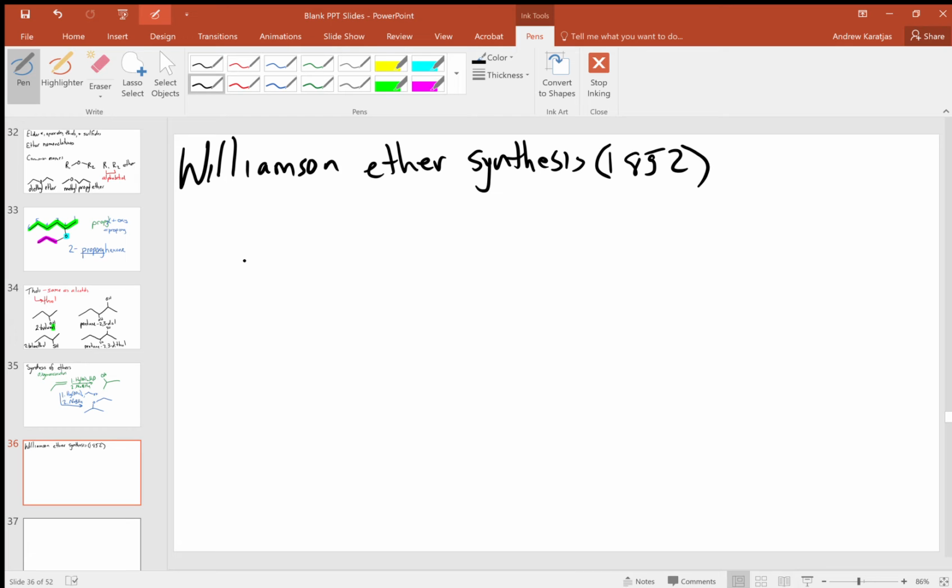Well, the Williamson ether synthesis is going to allow us to take an alcohol, and in two steps, first, we add sodium hydride, which is a strong base, and then we add some sort of alkyl halide.